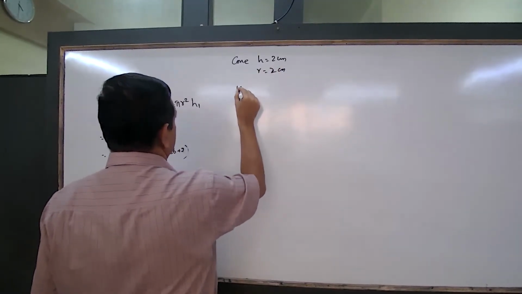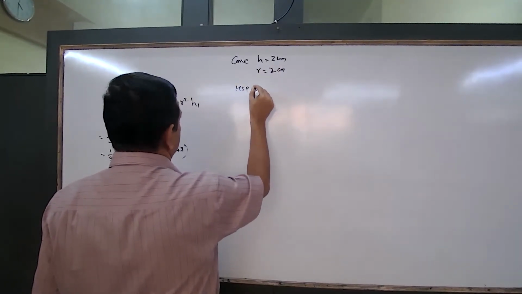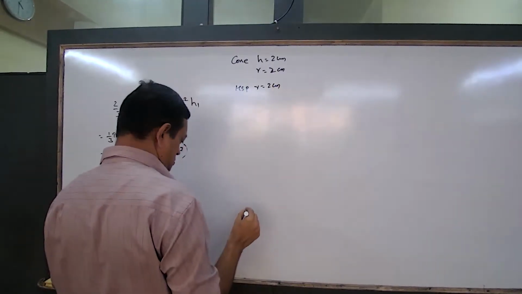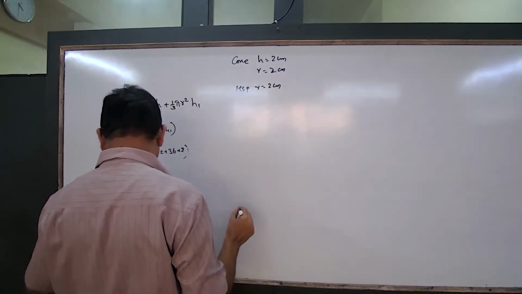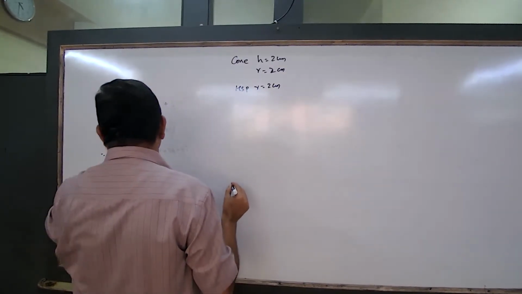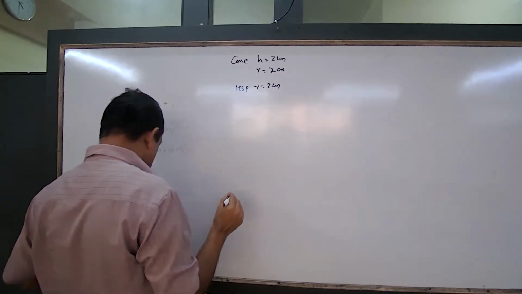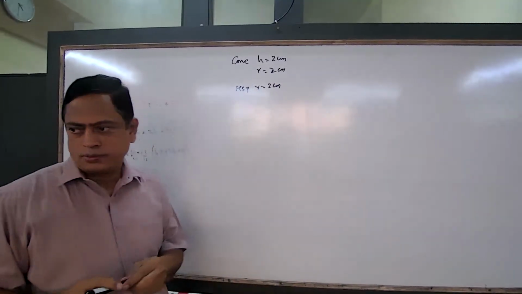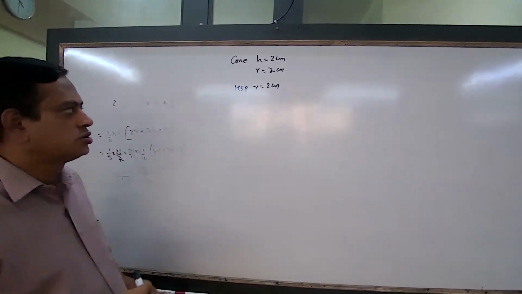And the hemisphere also has radius equal to 2 centimeter. If a right circular cylinder circumscribes the solid, find how much more space it will cover. How much more space means the volume of the cylinder minus the volume of the solid.